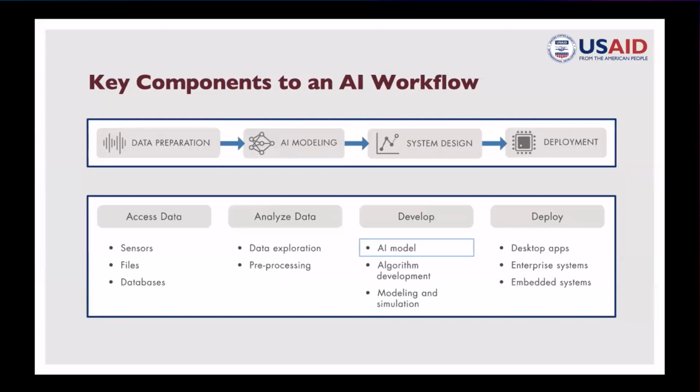Okay? Now, the next component is the system design. And this is where we already develop our model using the different learning algorithms. Now, how we choose the learning algorithm is also a step or a rule to follow.